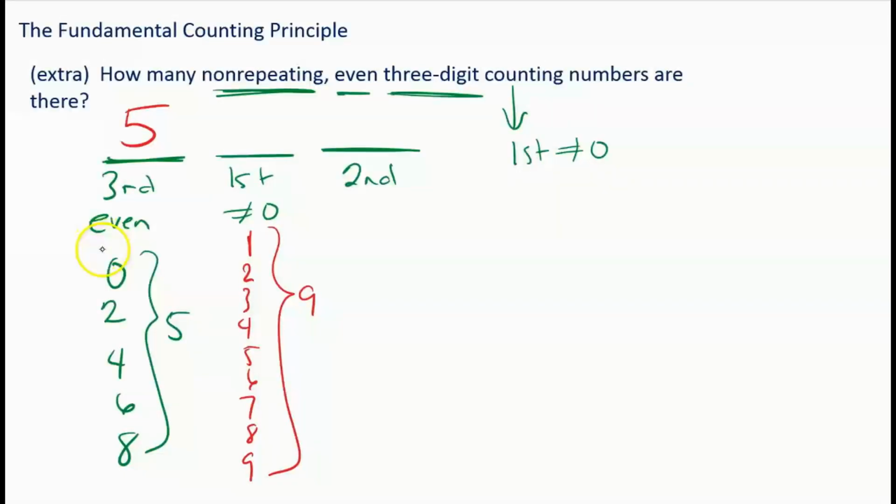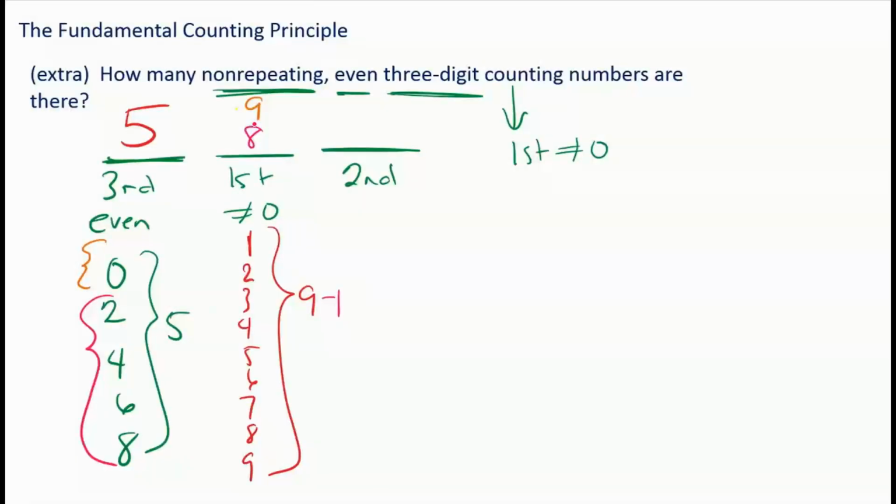Okay. Now, if we selected 0 as our third number, which makes even numbers, then we would have 9 choices: 1, 2, 3, 4, 5, 6, 7, 8, 9. On the other hand, if we selected 2, 4, 6, or 8, we would have to mark off whichever number that was, and we would be left with 8 choices.